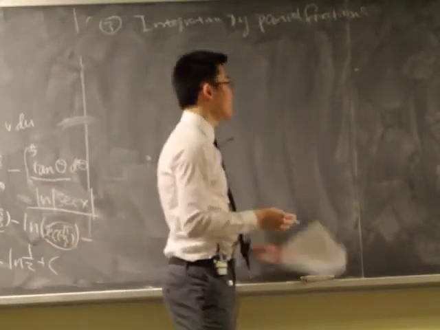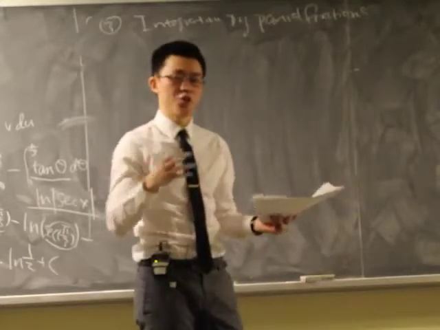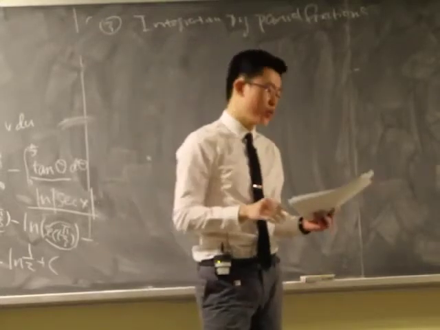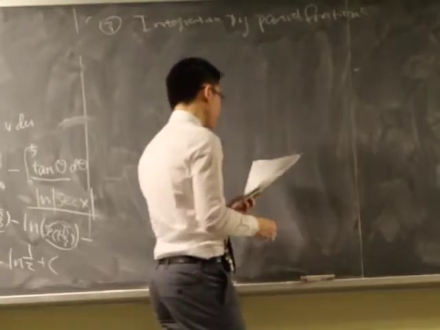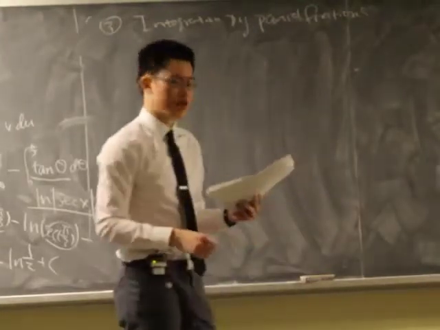The idea is we want to decompose the huge rational function, the quotient, into a sum of smaller quotients, which are obviously easier to integrate. And the key is to factor the denominator polynomial.